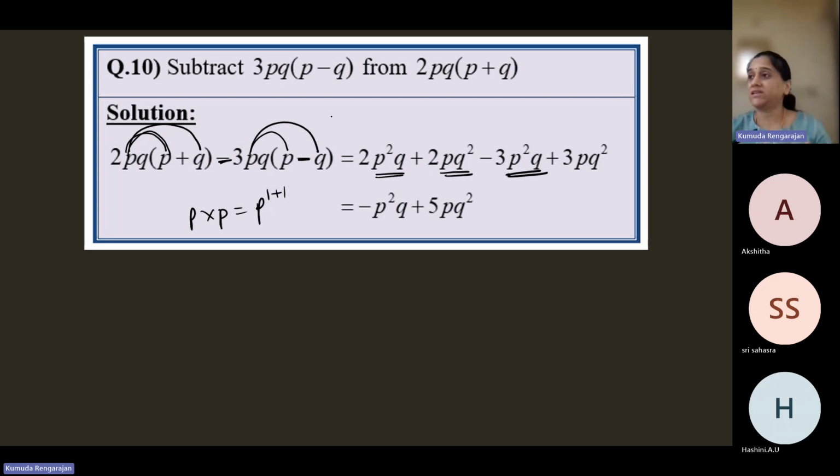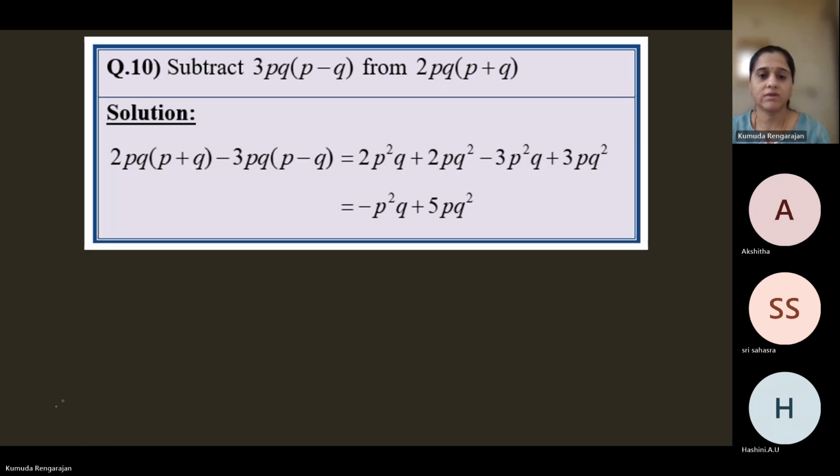When you multiply these two, minus into minus is plus. You'll have to multiply the signs. You're multiplying two terms, and they have a sign before them. Minus into minus plus 3pq square, q into q square. So now this is p square q, this is pq square. 2 minus 3.